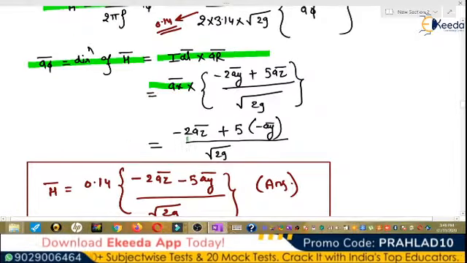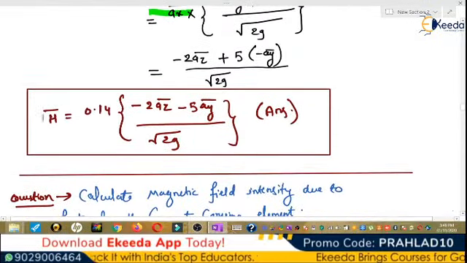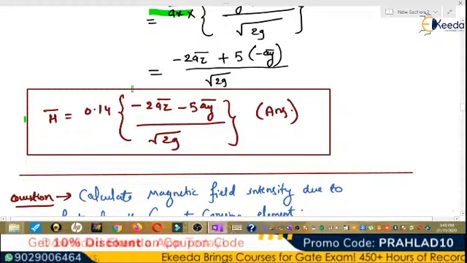So this answer comes as minus of 2 aZ plus 5 minus of aY by root of 29. So this is the answer for H vector, the magnetic field vector. It is 0.14 times (minus 2 aZ minus 5 aY) by root of 29.